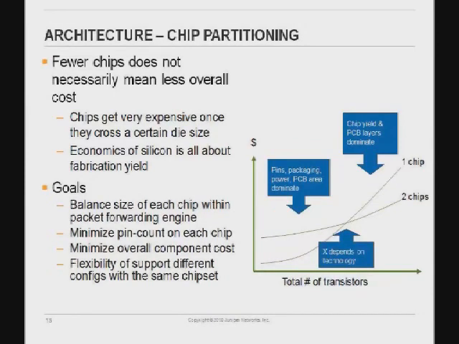And we also need to be aware that when you split the chips, you increase the complexity. So you need to be careful to have a clean interface between them. So these are all the different factors affecting the chip partitioning in the architectural phase.